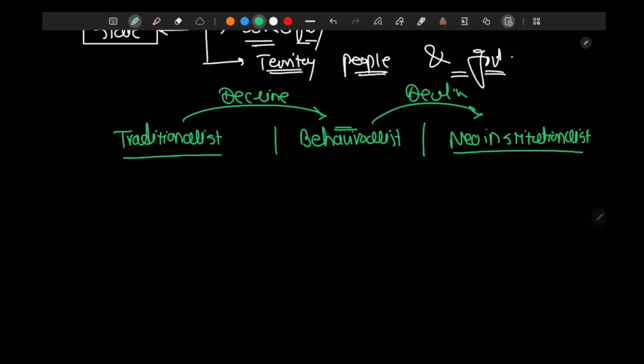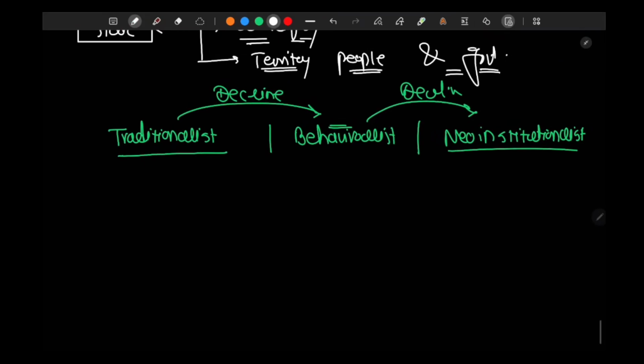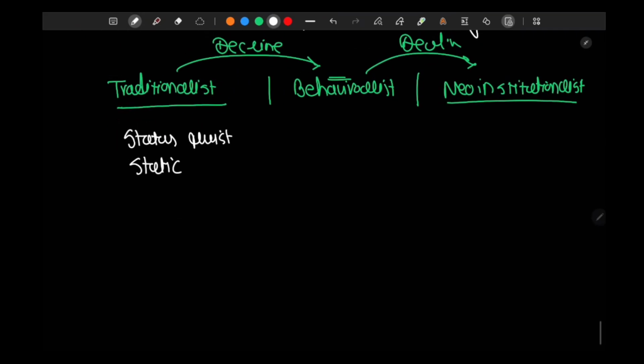What is the traditional view with respect to state? That state is status quoist, state is static, as we can see through Garner's statement that state is the most important element with respect to political science.